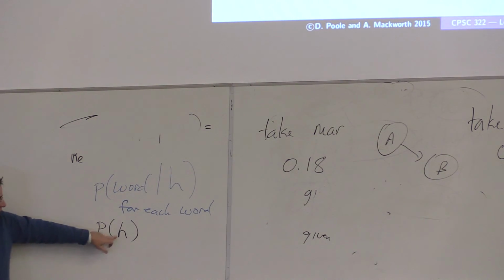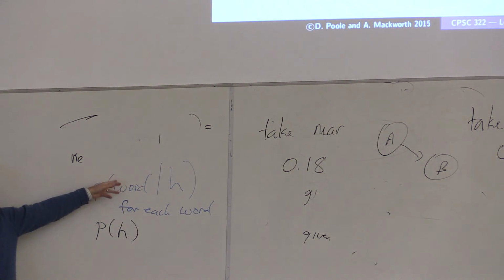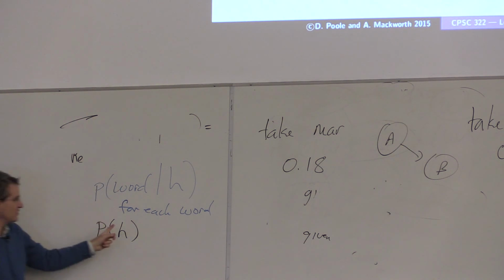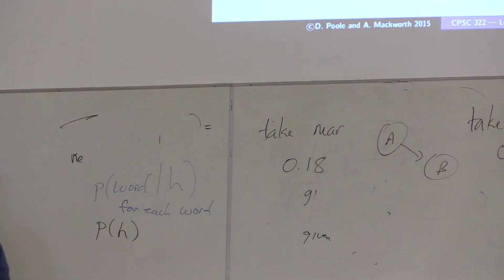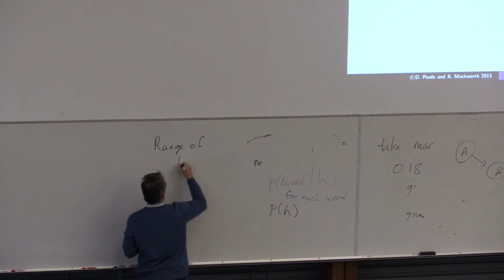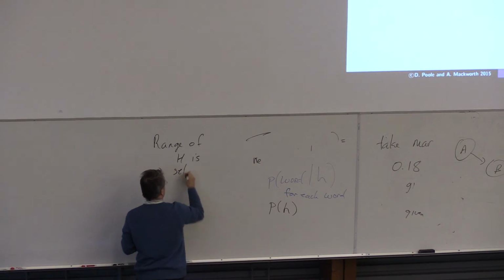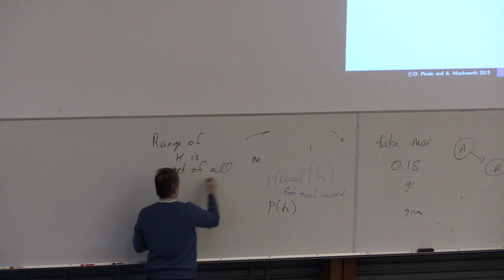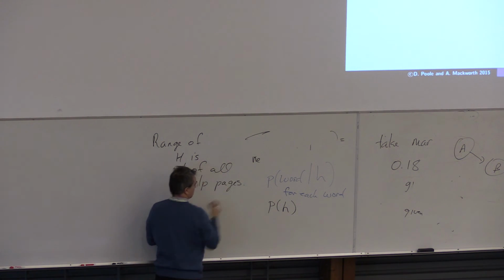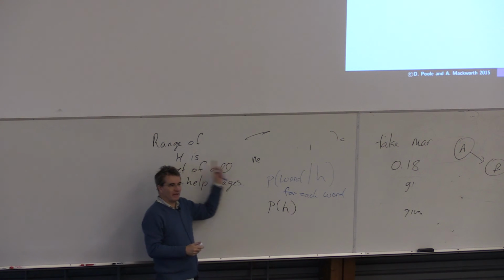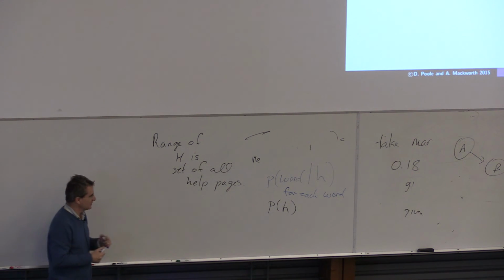And H, each of these words is Boolean. It's whether you used it or not. But the domain of H is all the help pages. So the domain of H, sorry, we call it the range of H, is the set of all help pages. And there's a prior distribution over how likely people are to use help pages.